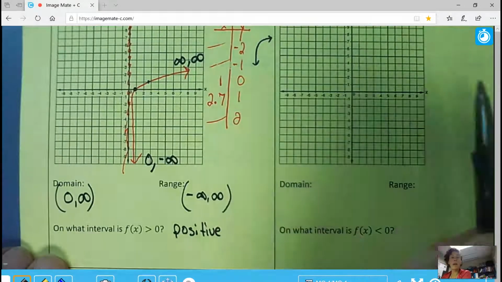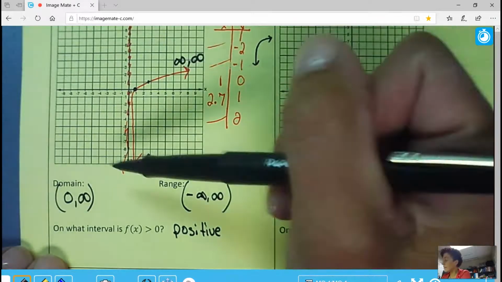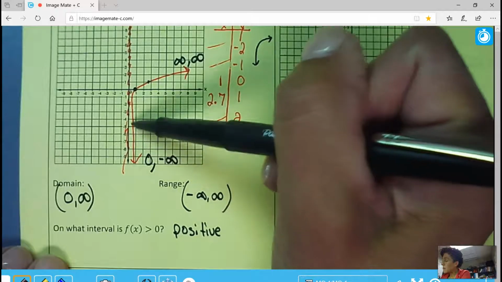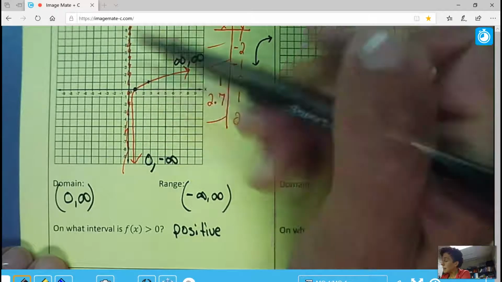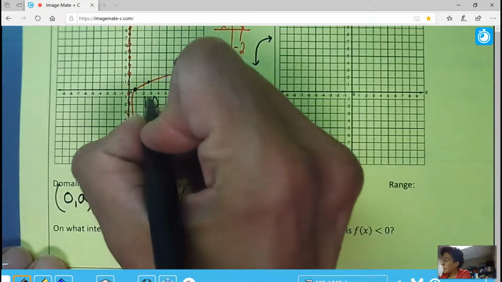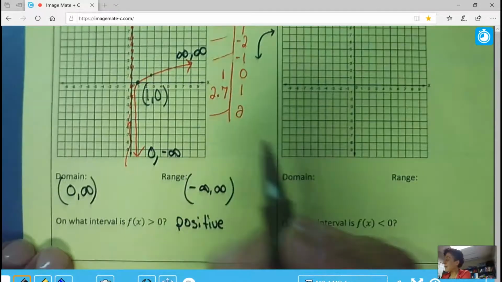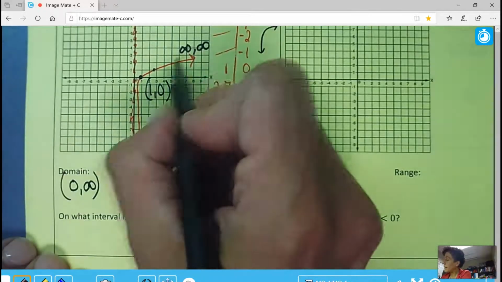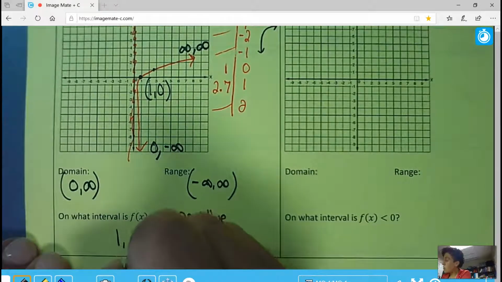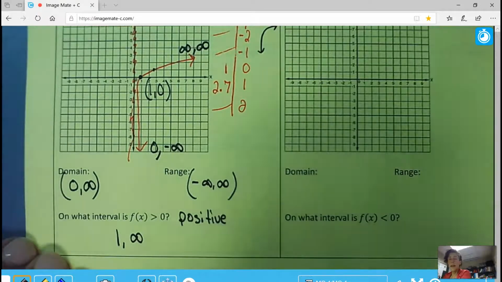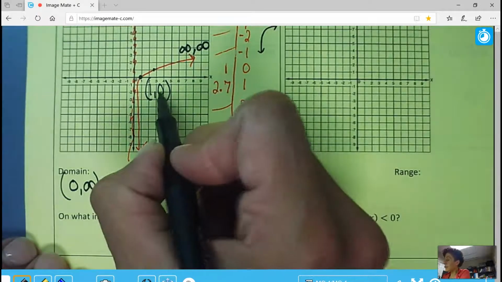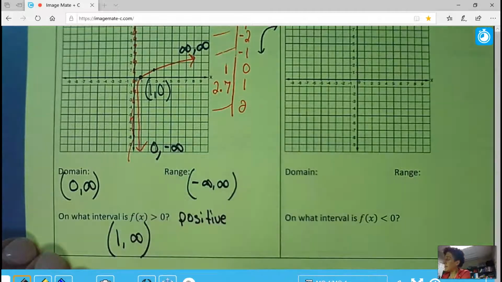So positive is where all my y values are positive. So down here my y values are negative, but once it gets here at 1, 0, it's not positive or negative, but after that it's positive. So we're going to put from 1 to infinity, and since I don't want to include 1 because 1 is not positive there, it's just 0, remember to use a parentheses.